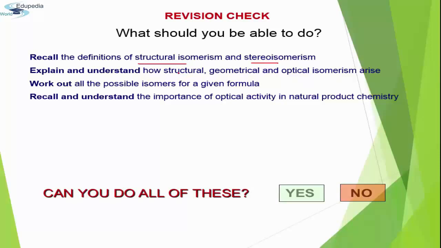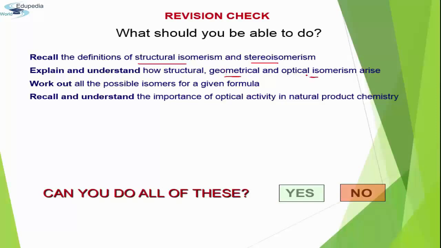Then functional group isomer, the functional group itself will be different. And the last one is metamerism. The alkyl group about the functional group will be different. Geometrical isomer, why do they occur? Because of the restricted rotation of the C double bond C bond. Because of restricted rotation, there will be different orientation of the group or atom attached to the carbon atom.